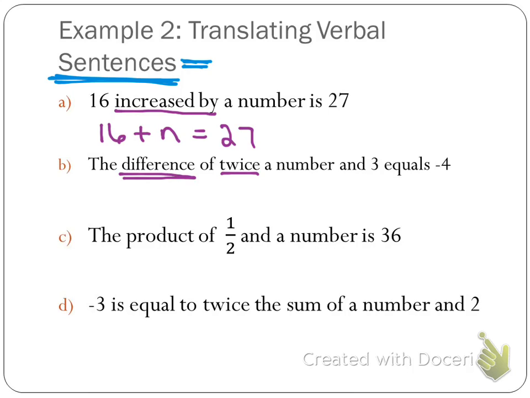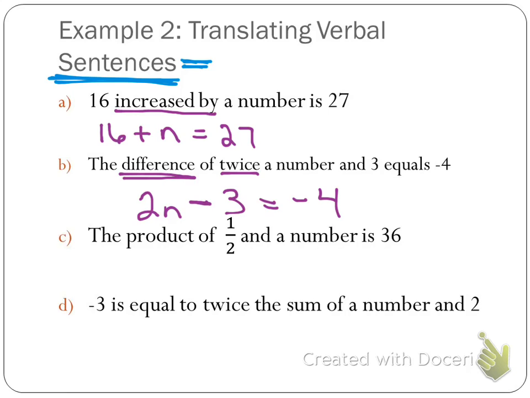Okay, so how would I represent twice a number? Multiplication, so how would I write it? 2n, twice a number. And 3, and what operation separates them? The minus sign. 2n minus 3 because I have difference. Difference means subtraction. Equals -4.